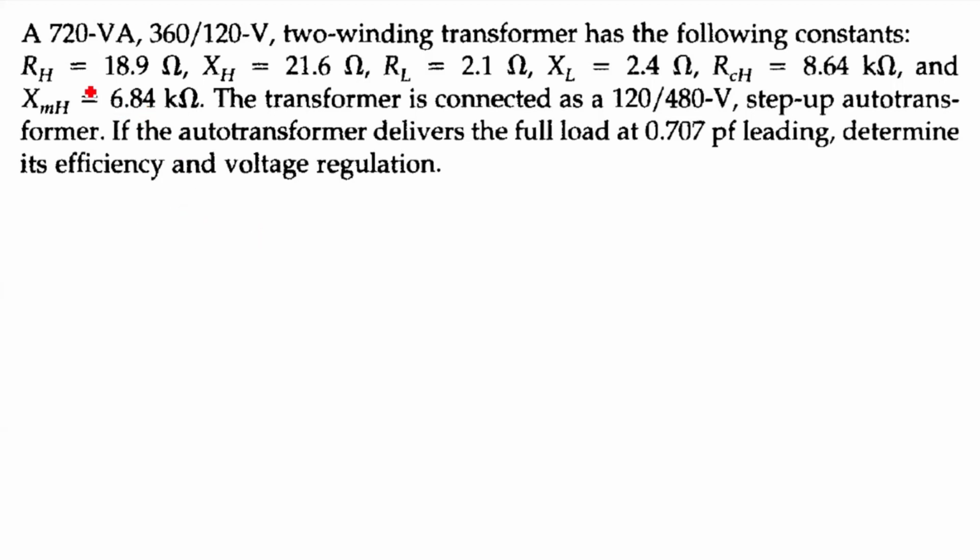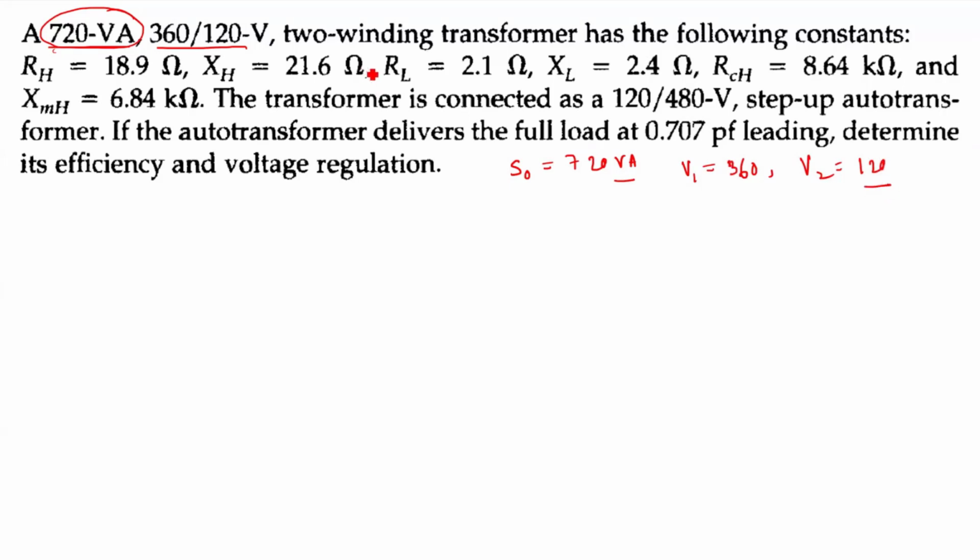Now in this problem, we have a two-winding transformer with a rating of 720 volt ampere, and the voltage rating is 360 by 120. That means V1 is 360 and V2 is 120.